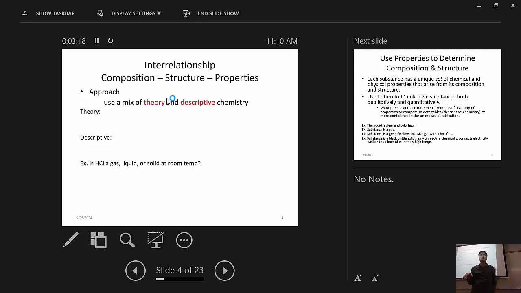Can you do some theoretical calculations using physics to determine if HCl is a gas at room temperature, a liquid at room temperature, or a solid at room temperature? Yeah, you probably can use some physics to predict it, but how big of a project is that? It'd be huge. And so it's just much easier to memorize HCl is a gas in pure form at room temperature.